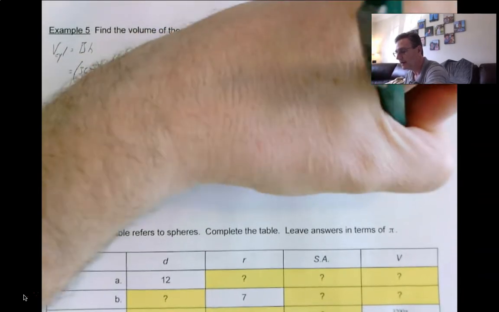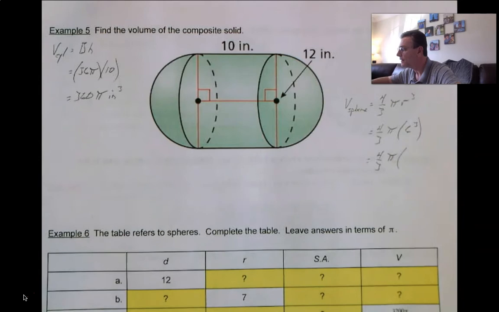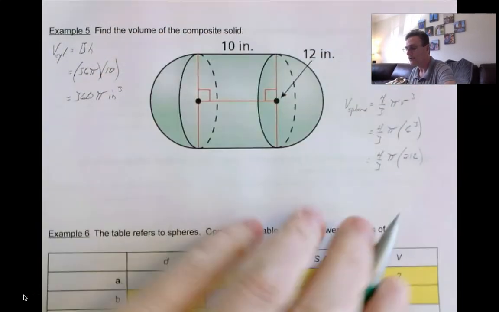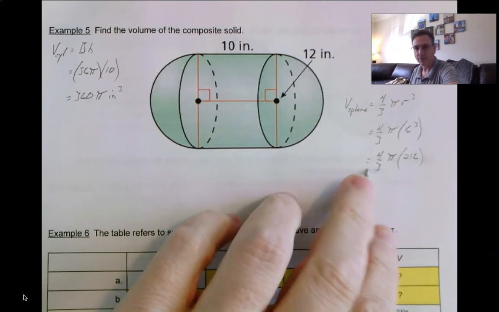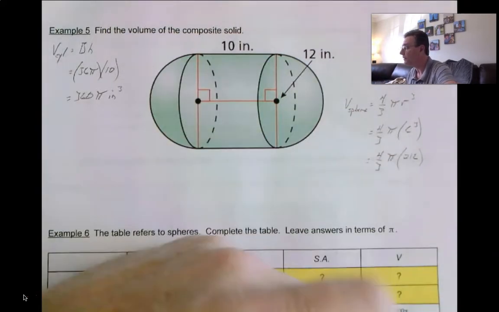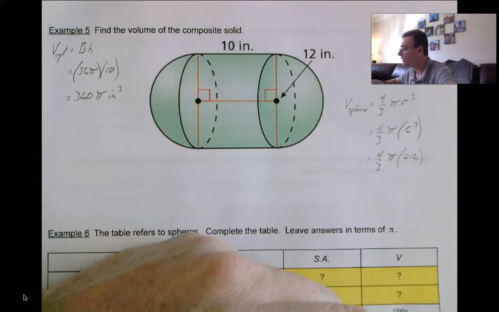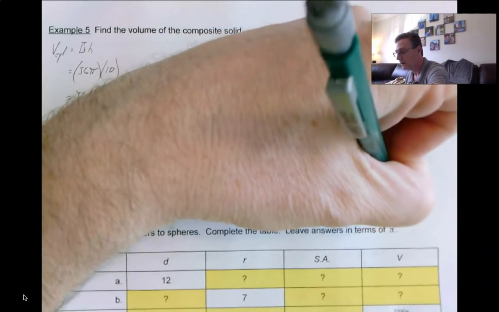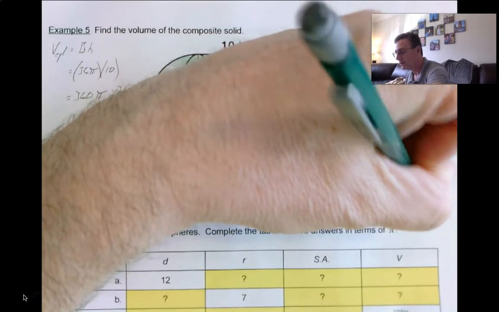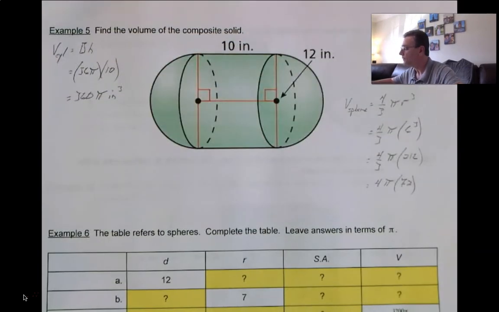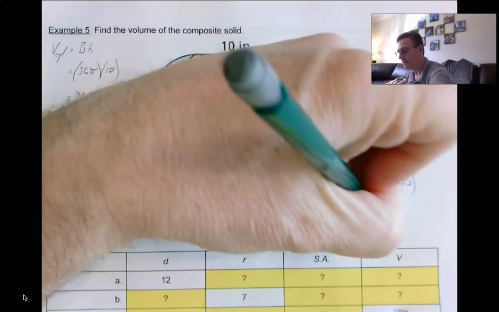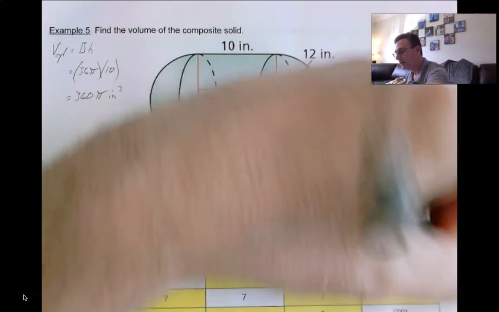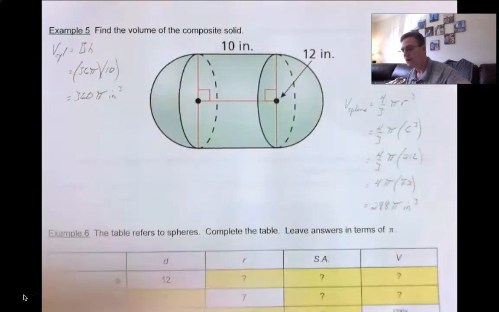4/3 pi 6 cubed. 6 cubed is 216. Now I know 216 is going to divide by 3 because 6 divides by 3. Divided by 3 gives me 72. 4 pi times 72 times 4 gives me 288 pi inches cubed.